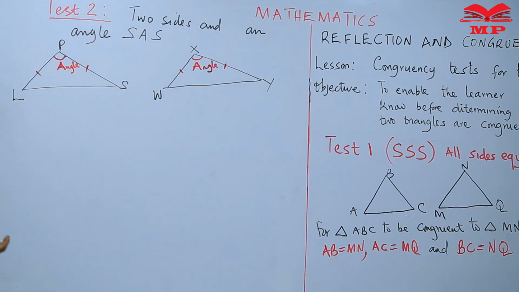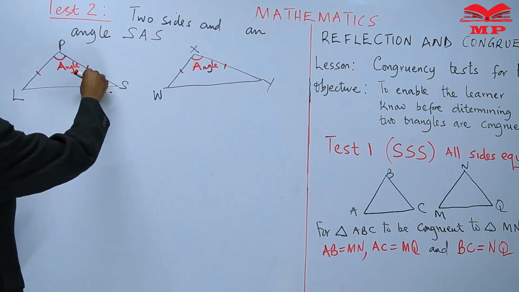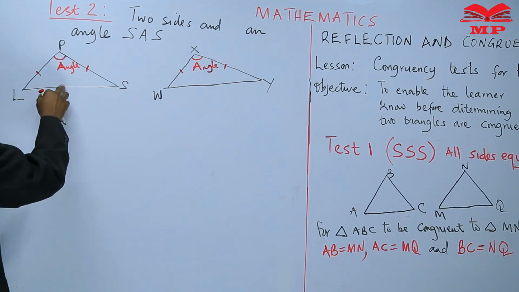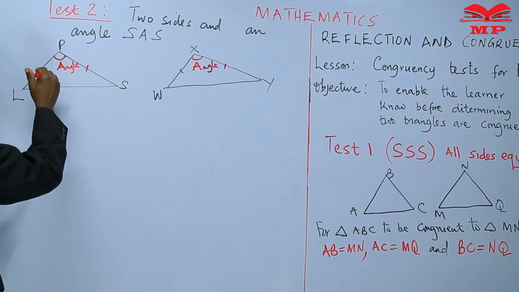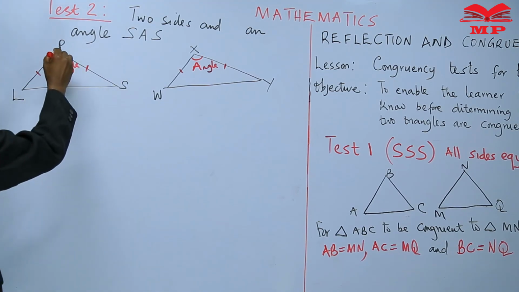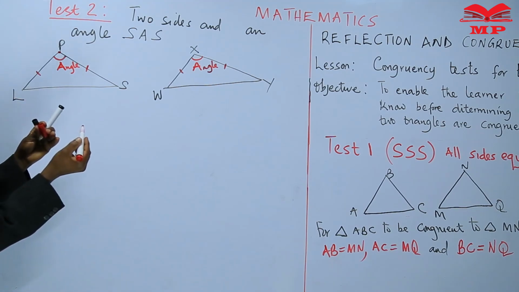So you should be very careful what you note. If I used these two sides, I would have used this angle. But since I'm using this pair, I'll use the vertex where the two sides meet.